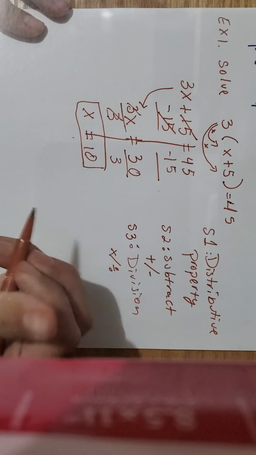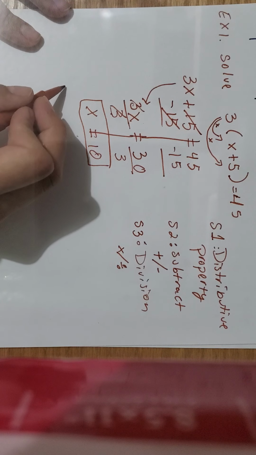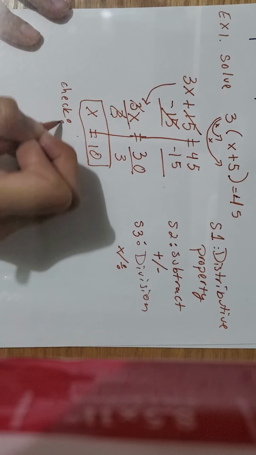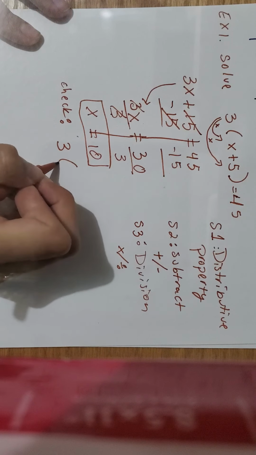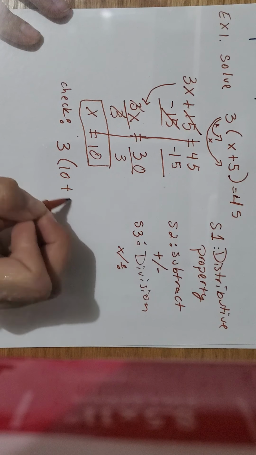Cool. So you can always check your answer. So if we go back to the original, so this is the check part. 3 parentheses, and then instead of putting x, you will put 10 plus 5.